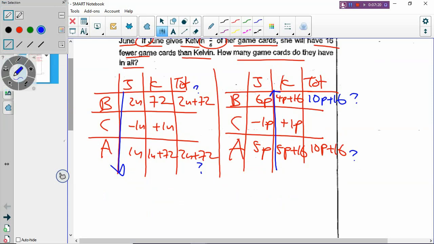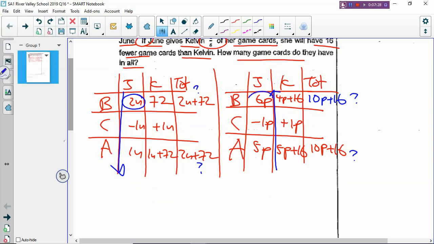Now, the 2 tables have the same person, right? The first table has somebody called June, and the other table has the same person called June. What do you see? June must have the same number at first. Which means that your 2 units is equal to 6 parts, so 1 unit is 3 parts.